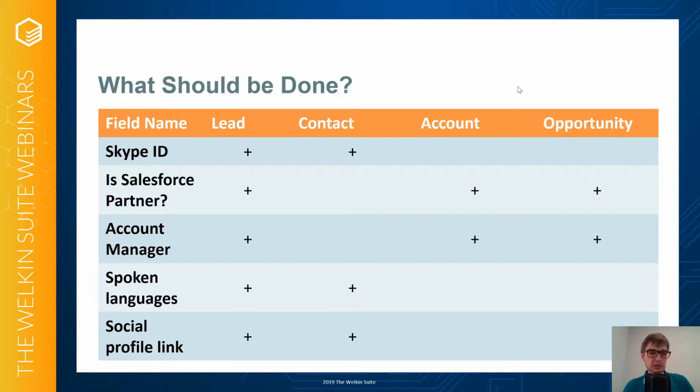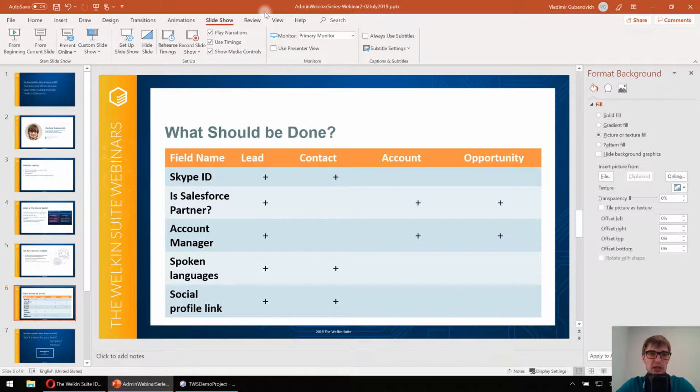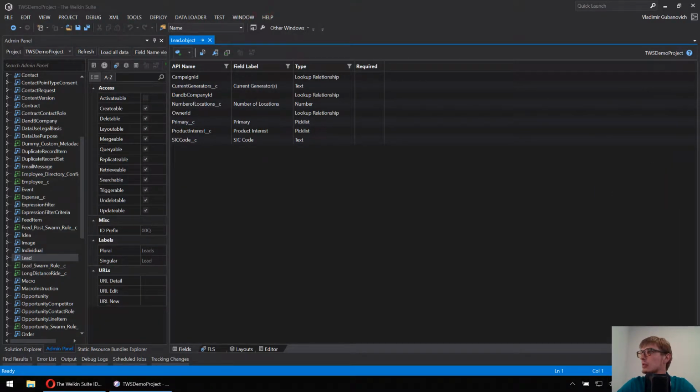As I will be talking all of the time, it will take longer, but a Welkin Suite user can do it in 3 to 4 minutes. Right now on the screen you see the list of fields that I will create in the Welkin Suite, and I will show you how you can do this very efficiently and very fast. So let me hide this and move it to another display so I will see it.